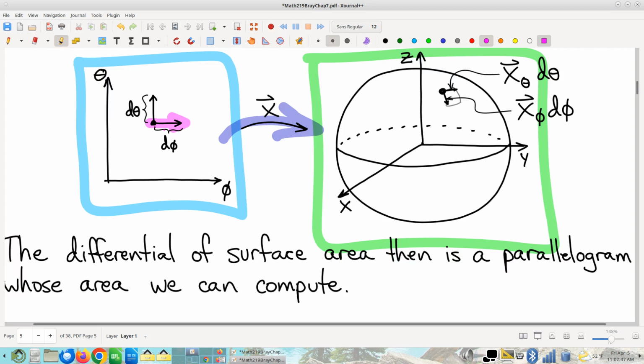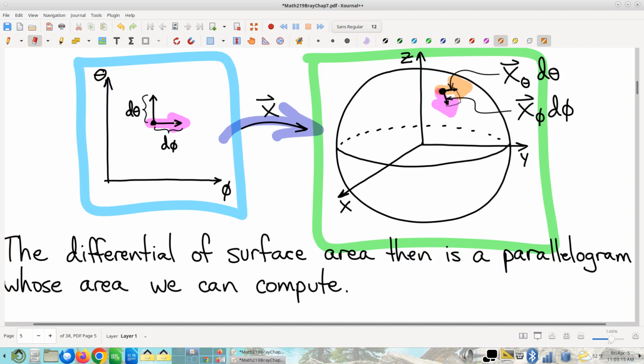Keep in mind the phi direction is the angle measured off of the upward part of the z-axis. So phi is that angle, and this is what happens on the sphere when you move in the phi direction. And likewise, if you move in the theta direction, that's what happens on the surface of the sphere.